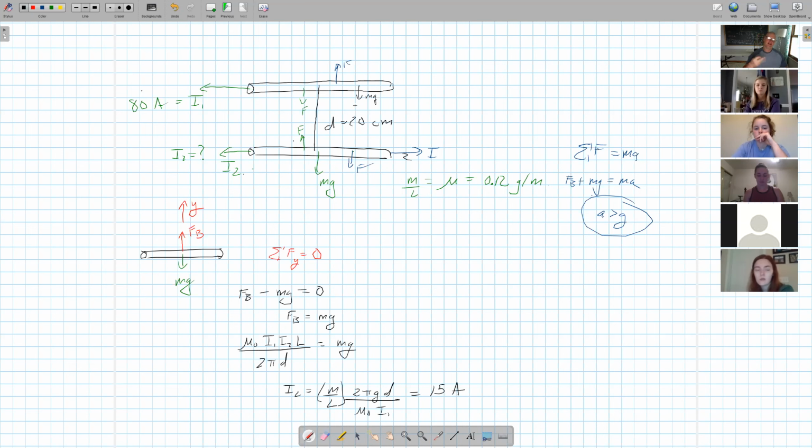So I'm always just looking at what's going to counteract that gravitational force, depending on which wire I'm looking at. For the bottom one, what counteracts gravity is an attractive force. For the top one, it's a repulsive force. So it just depends on which wire I'm being specifically asked about. That makes sense?